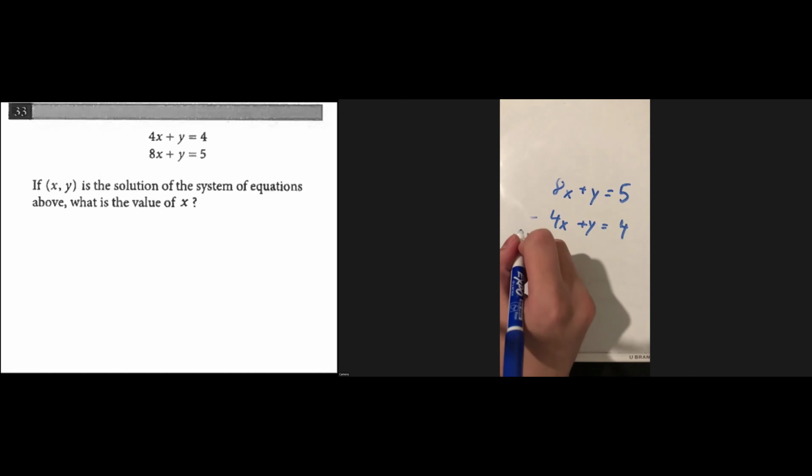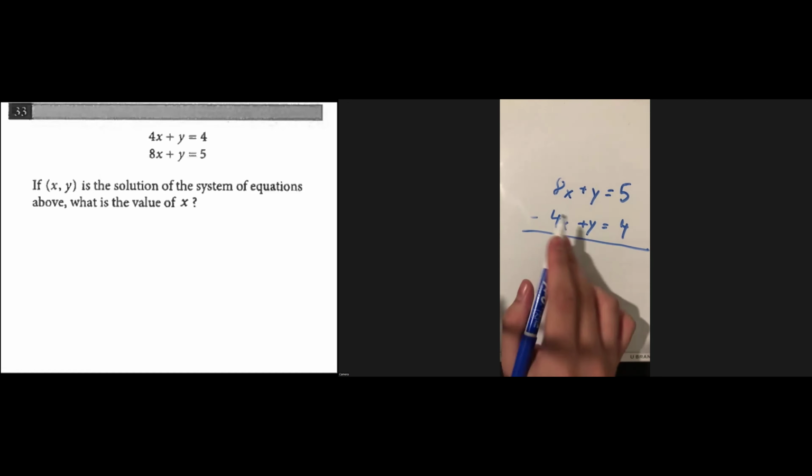So for these systems of equations, if you remember, there's 2 ways to solve them. You can just do y equals 4 minus 4x and plug in, or you can do it the other way. There's a way I'm going to do, where you have to get one of these variables to cancel out when you subtract the equations. So 8x minus 4x is 4x. y minus y is 0.